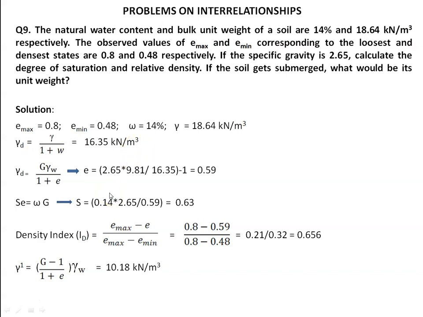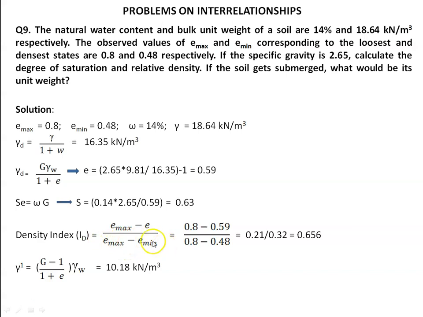Then by using the relationship S e equal to w G, we can estimate the degree of saturation. Then the equation for density index or relative density is e max minus e divided by e max minus e minimum, that is maximum void ratio corresponding to loosest state minus void ratio corresponding to in situ state divided by maximum void ratio minus minimum void ratio.